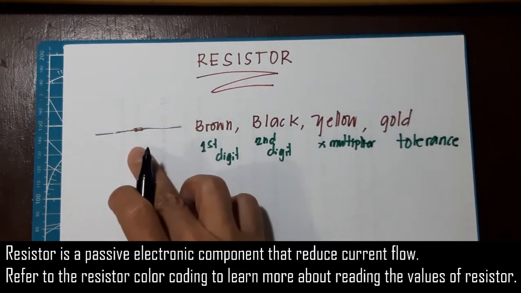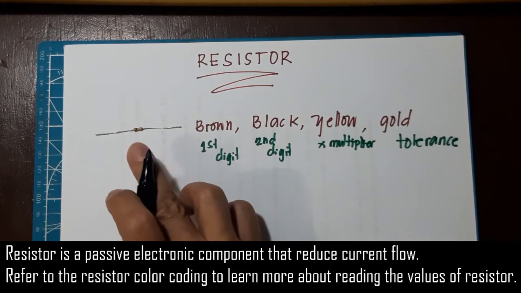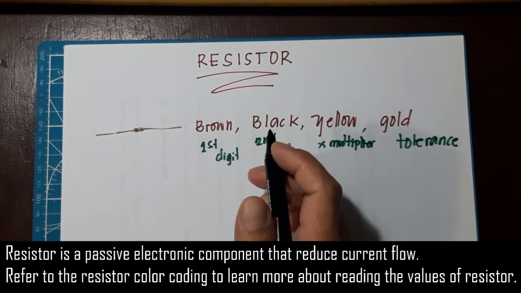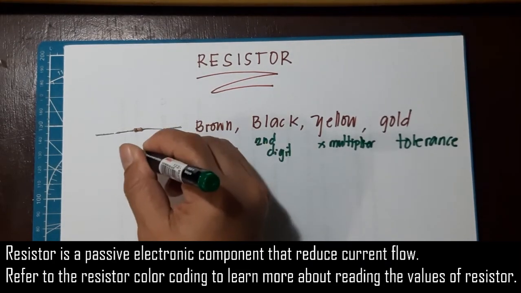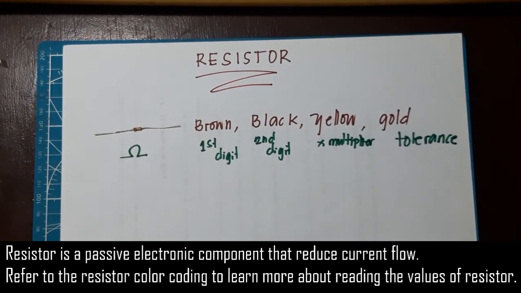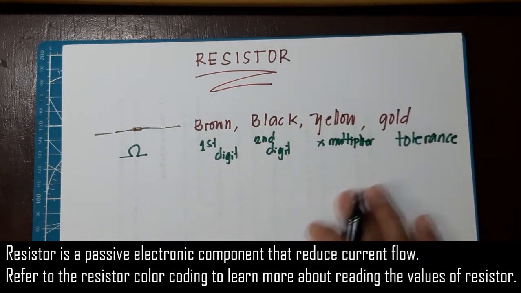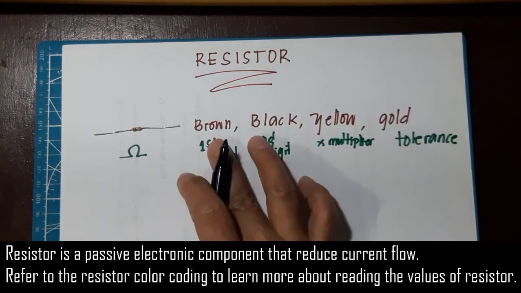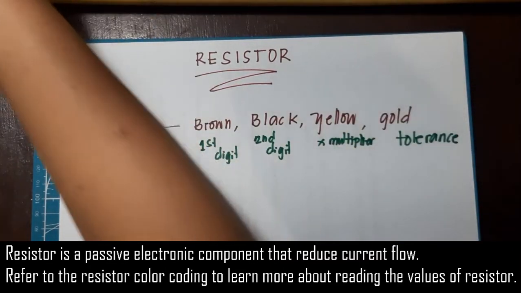Now, to read the value of our resistor in ohms, we need to first understand the numerical values based on the colors that we have read here: brown, black, yellow, and gold.